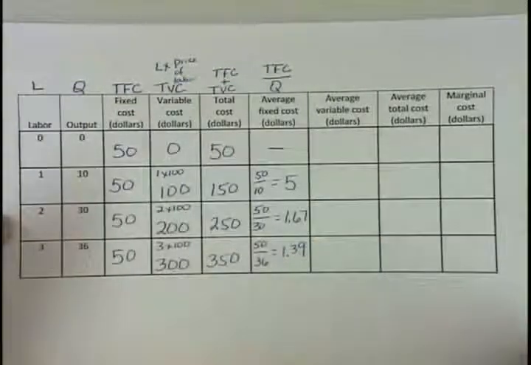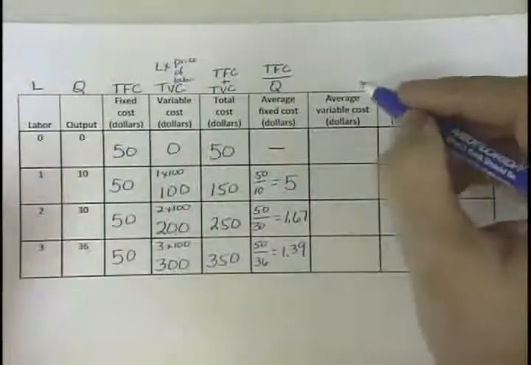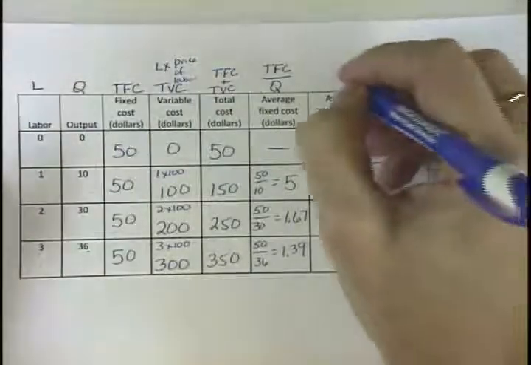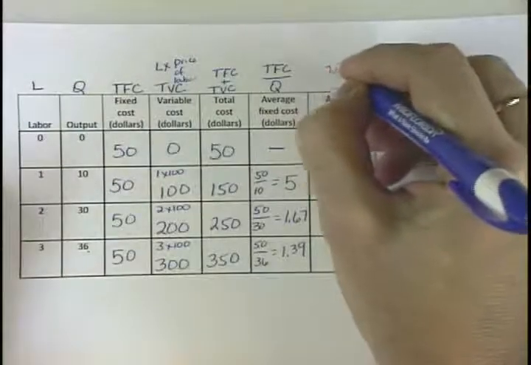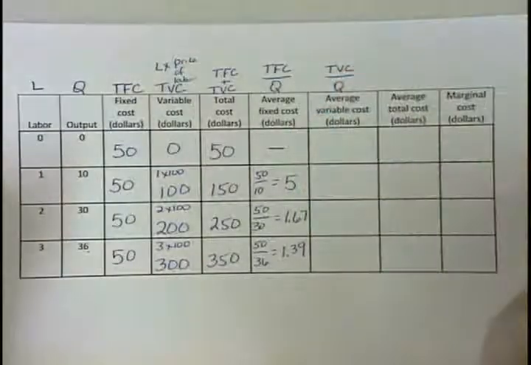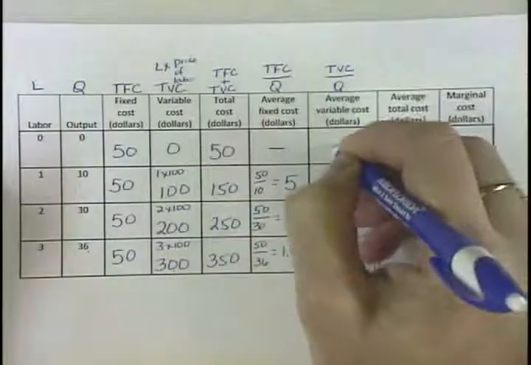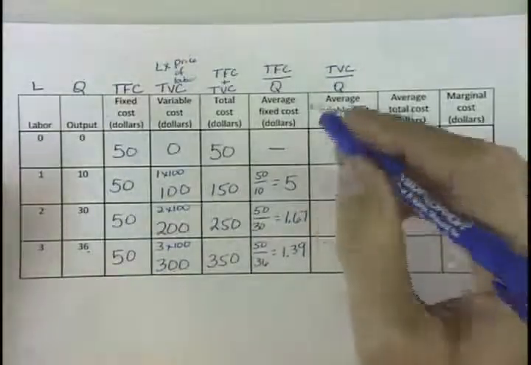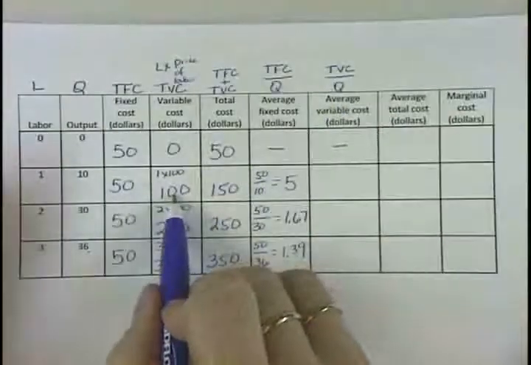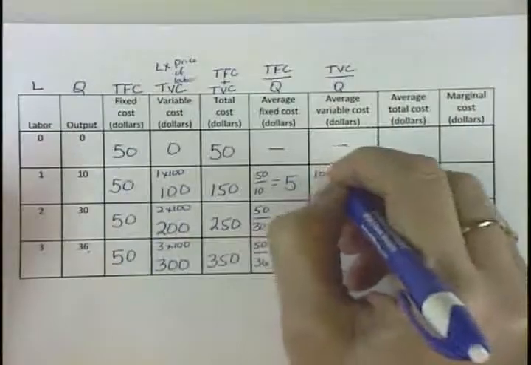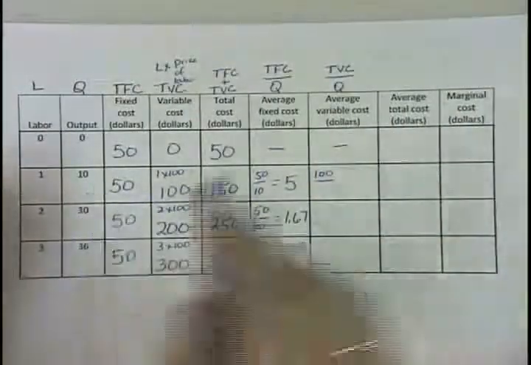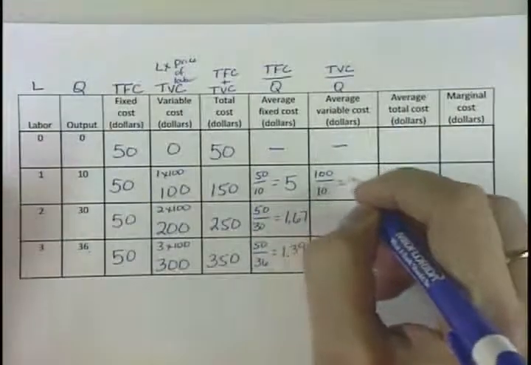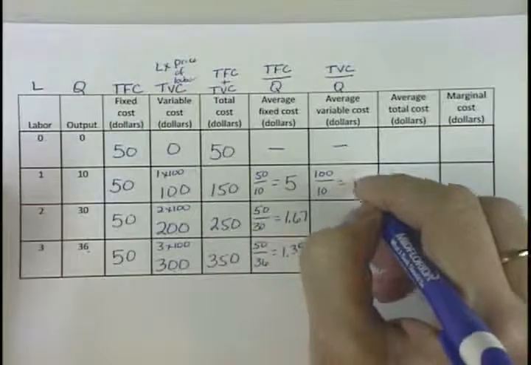Average variable cost is going to be our total variable cost divided by our quantity. Again, we can't divide by 0, so we just don't do anything there. Our total variable cost for this one is 100. Our production is 10, so 100 divided by 10 is 10.